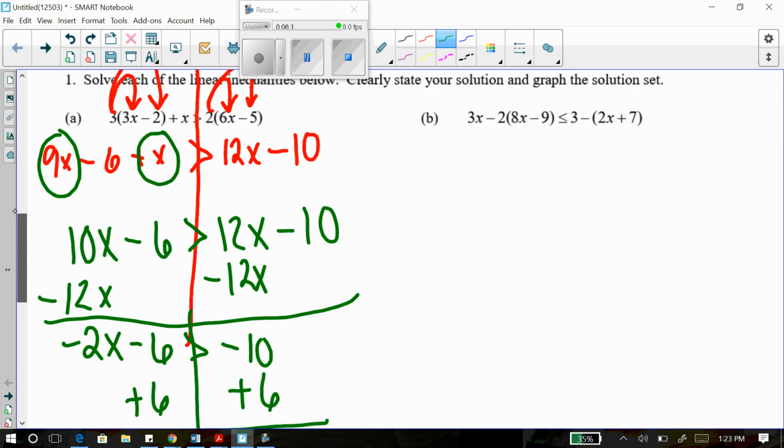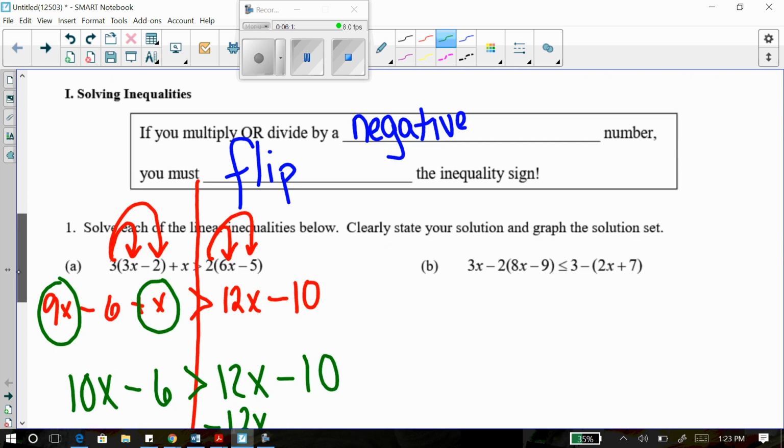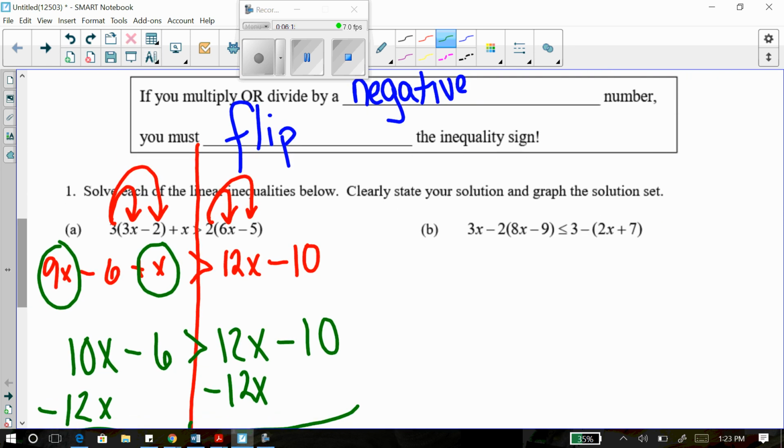All right, let's look at number 1B here. Let's start by doing all of our distributing. So again, if you like, you can draw a line down the middle. 3x. Now -2 times 8x is -16x. -2 times -9 is +18.